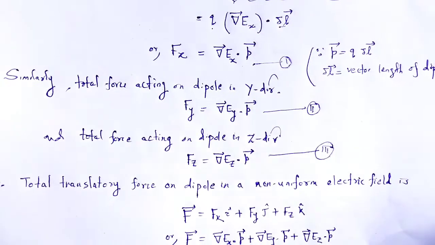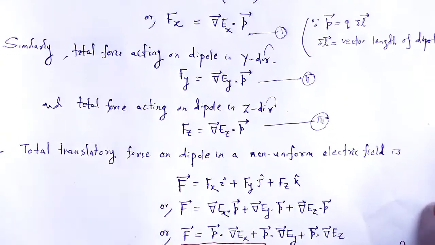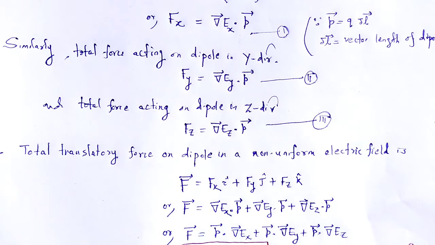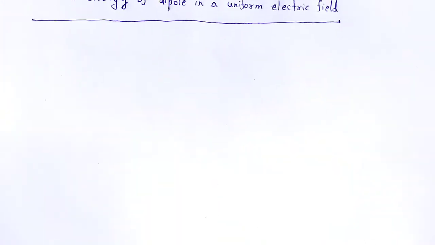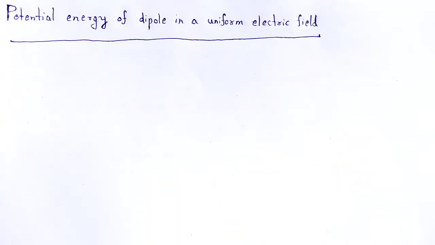Now, we discuss what the potential energy on it should be when the electric dipole is placed in a uniform electric field.